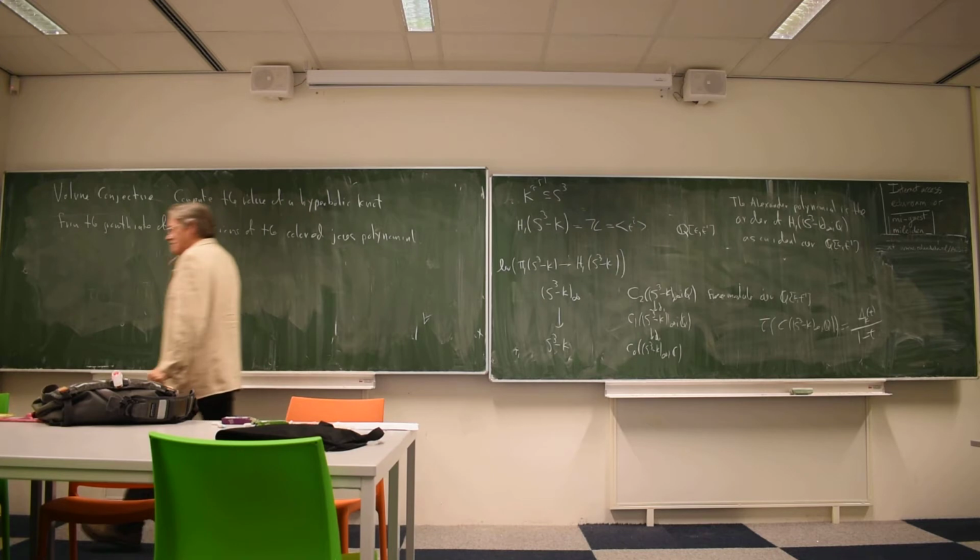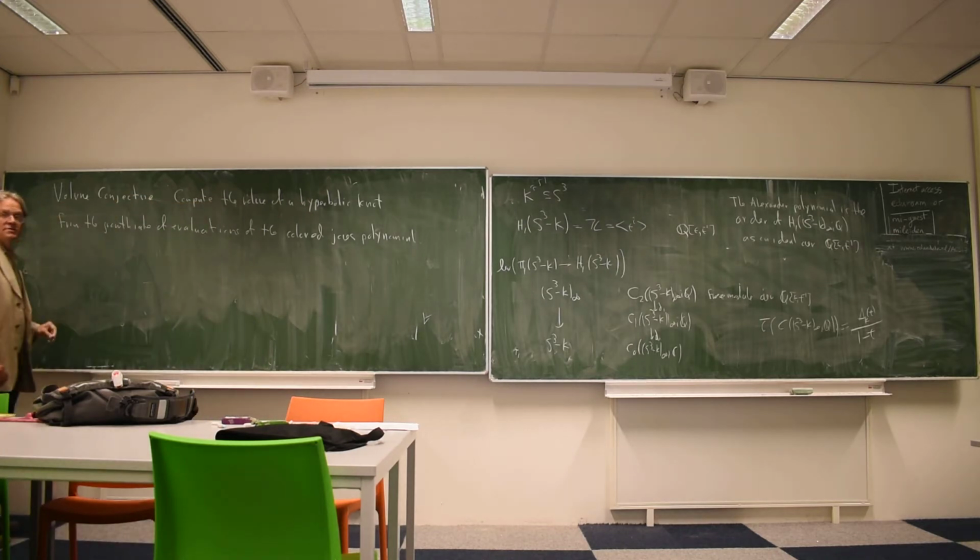Okay, so where do you get the colored Jones polynomial? There's a sort of canonical deformation of the universal enveloping algebra of SL2 so that it's a quasi-triangular Hopf algebra.